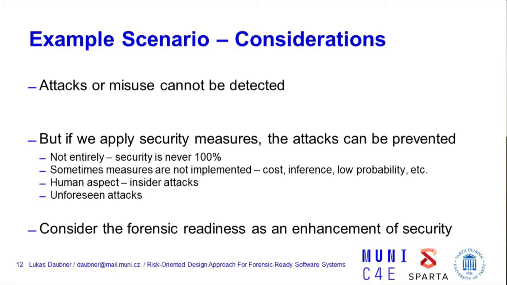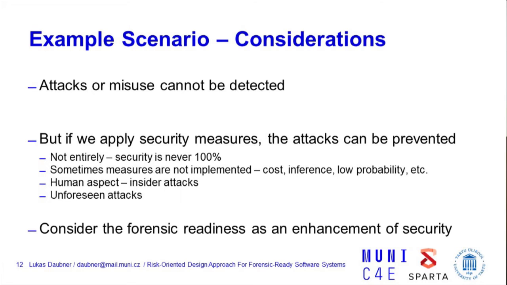Sometimes, even if we apply security, there are some weak spots. And many times, even the security measures are not applied because of the cost, because of the interference with other parts of the system, or because the attack has just a low probability of happening.